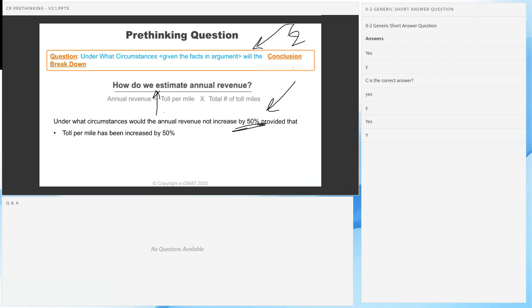Remember, this was 2, and this is 1, the facts in the argument: that toll per mile has increased by 50%. So given this logical relationship, if toll per mile has already gone up by 50%, in what scenario will the annual revenue not go up by 50%? What's the only scenario that you can think of from here?